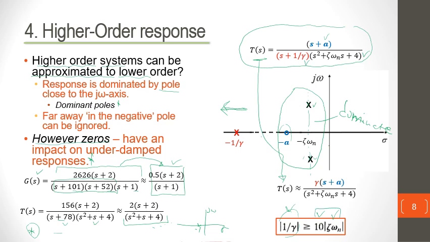So the furthest is like 10 times away from that which is close. So we can tend to ignore the impact of these far away poles. For example, here you see this pole is at 1. This one is at 52, which is much more than 10 times that of this dominant pole.